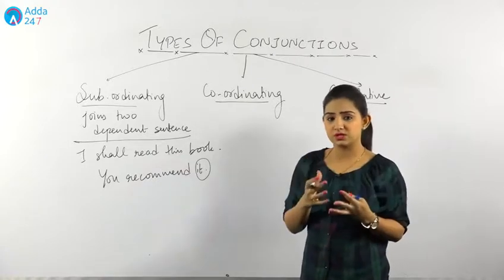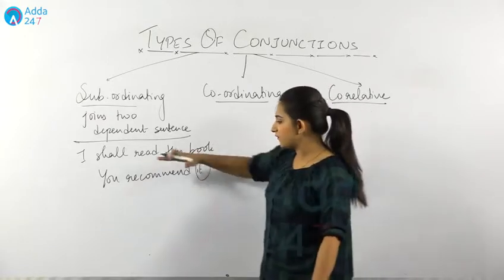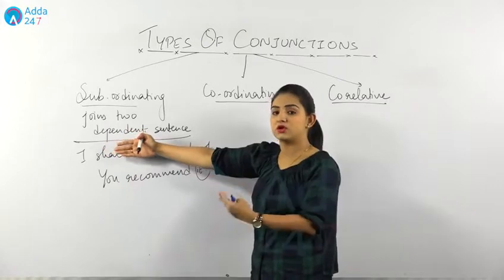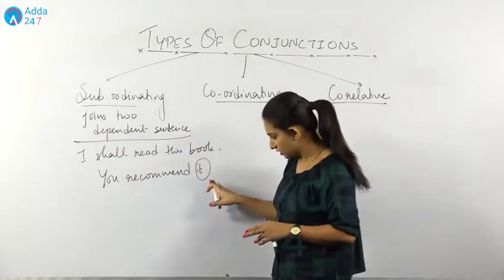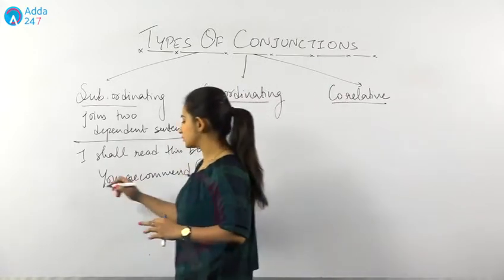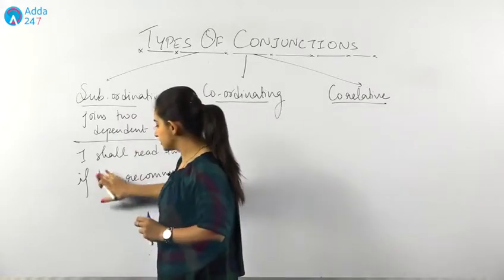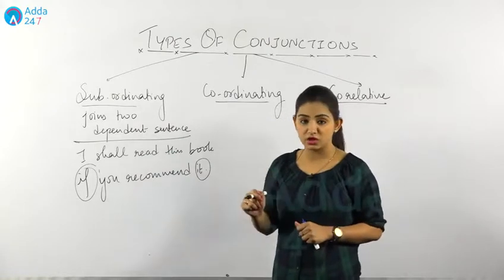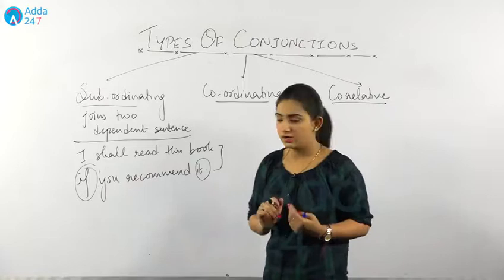For what purpose is it used? It is used for the book here, isn't it? That means if we do not write the first sentence and we just write the second sentence, you recommend it, it won't complete its meaning. Why? Because the pronoun used here is for the book only. So what we need to do is, I shall read this book if you recommend it. So here what happens is, if becomes what? If becomes the conjunction that joins two dependent sentences, right?